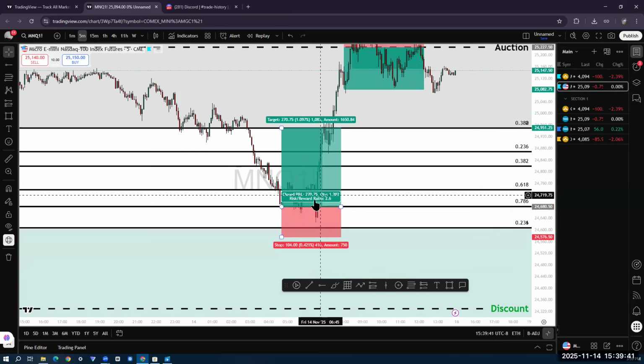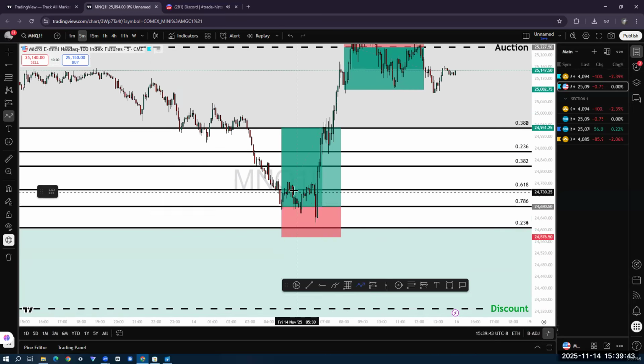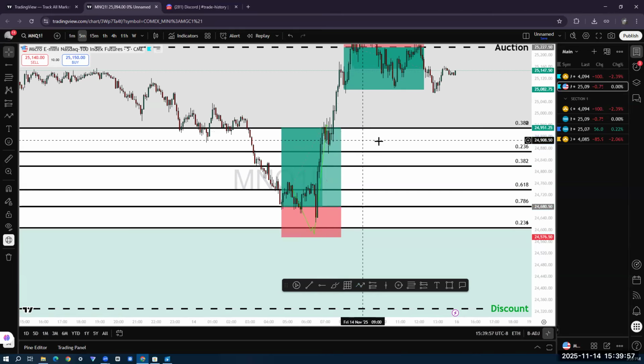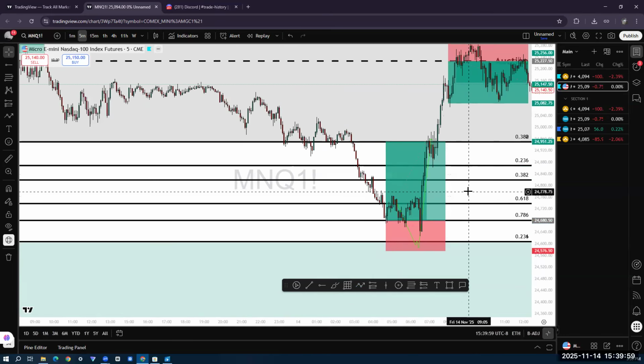Why do I do that? Because price may stop me out, but I want to give myself enough breathing room so it can hit the 236 and give us a wick or so, and boom. You know what I'm saying? Because it does that all the time. So yes, I will take some trades like that.